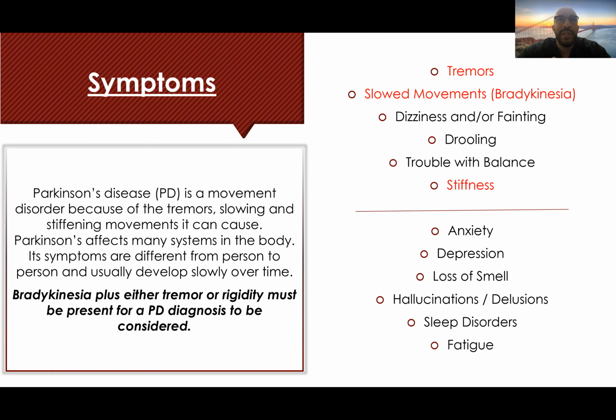So if we know that dopamine is responsible for things like runner's high, makes us feel good, it can even give us motivation, then we can expect that a lapse of that would cause us to have things like depression, sleep disorders, fatigue, okay? Even a loss of smell or hallucinations and delusions. All of these symptoms are tied into one another.